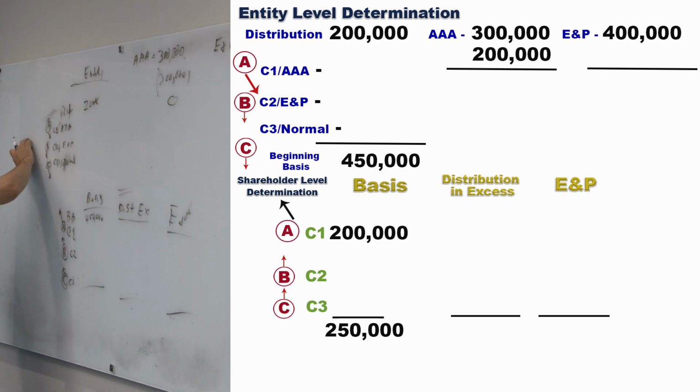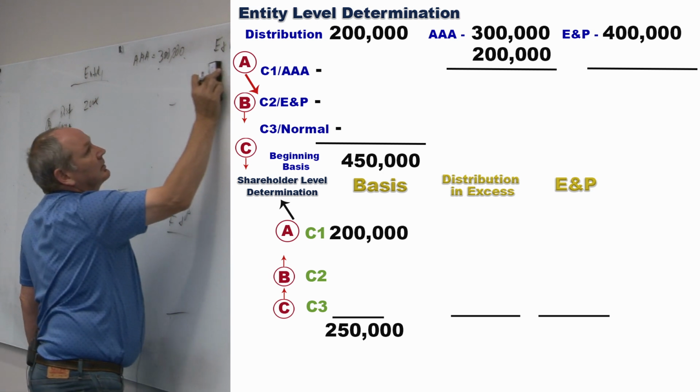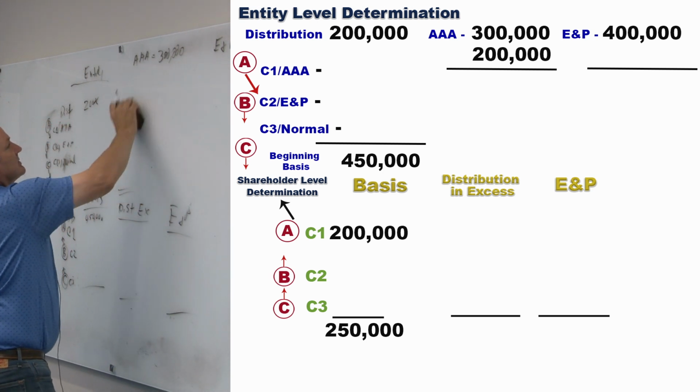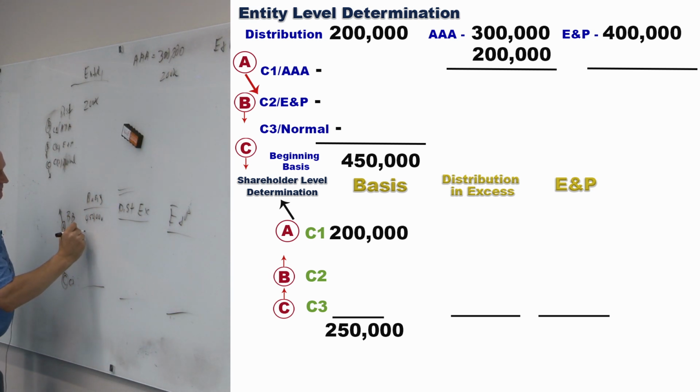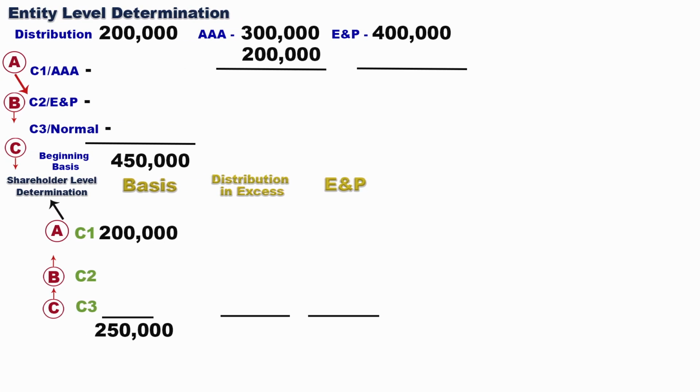AAA is how much? 3, excuse me. 200K. It's accounted for. 200 down here. We have 250 left over. Does that make sense? Okay.